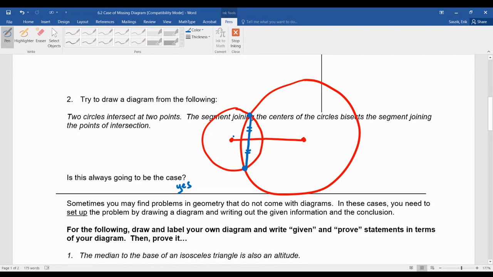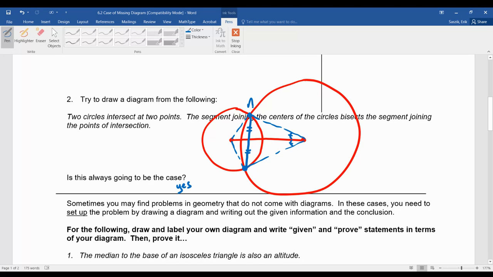And remember, we can prove this. We could draw in some radii. So we could prove this big upper triangle congruent to this big lower triangle by SSS because they have this reflexive piece in the middle, right? That would then allow us to say that this angle is congruent to that angle.